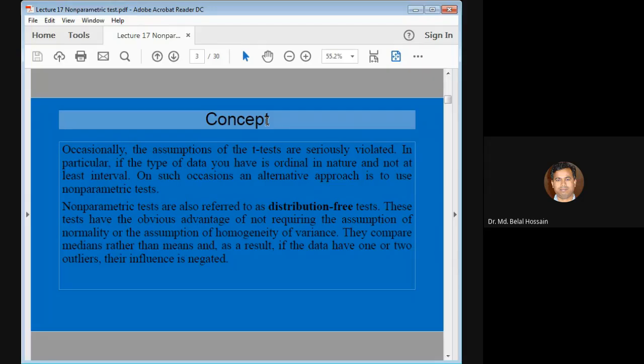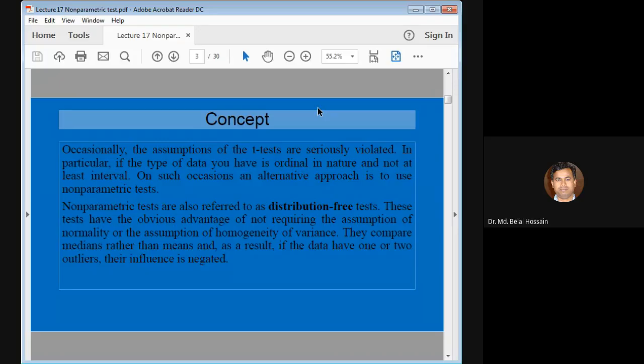For example, if you want to test two means of independent samples, non-parametric tests have one. They call it the Mann-Whitney U test. If you want to do a paired t-test, that is dependent samples, non-parametric tests have one. They call it the Wilcoxon rank test.